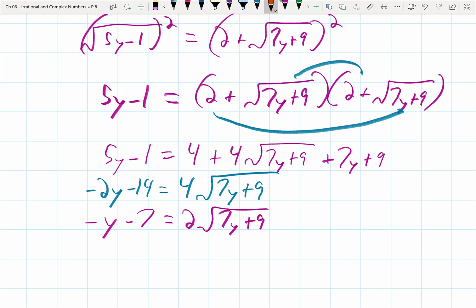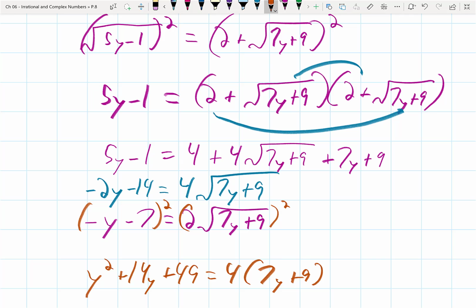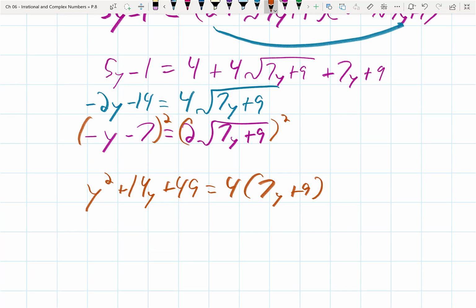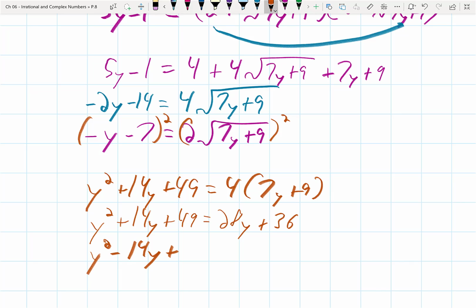Now we're going to square both sides, which gives me y squared plus 14y plus 49 equals 4 times 7y plus 9, or y squared plus 14y plus 49 is equal to 28y plus 36, or y squared minus 14y plus 13 is equal to 0.